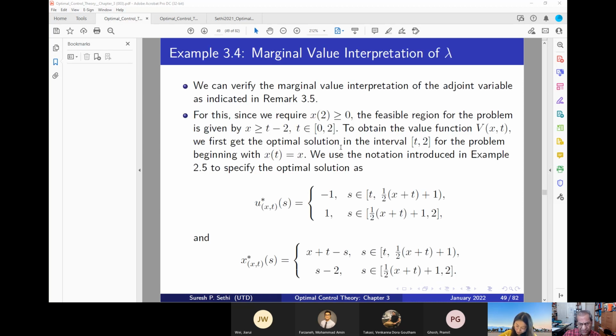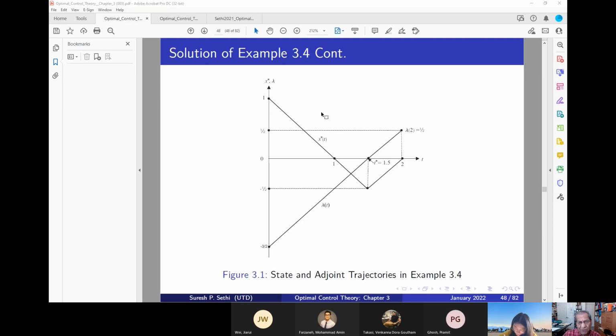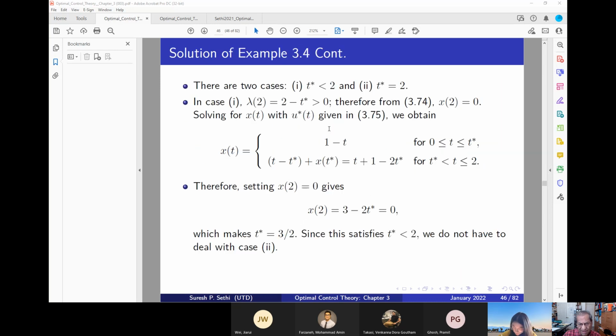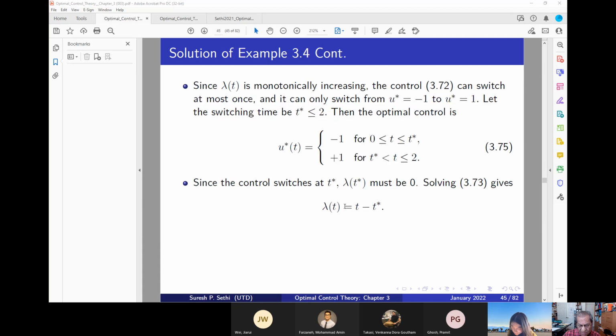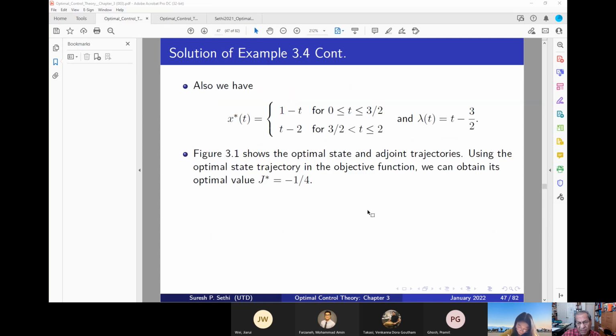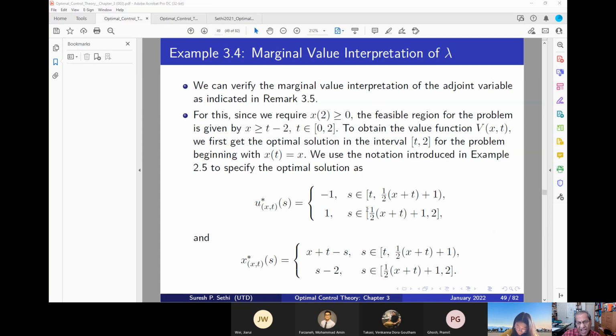What I want to do next is find the marginal value of lambda, because lambda has the marginal value interpretation, which means that if I change the problem a little bit, I should be able to tell you how our problem will be affected.